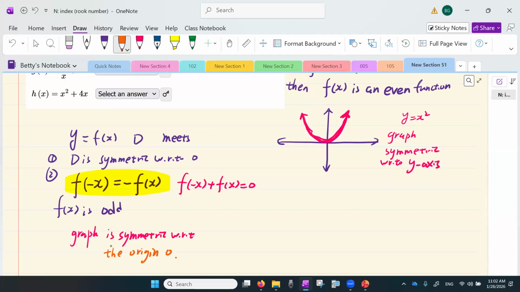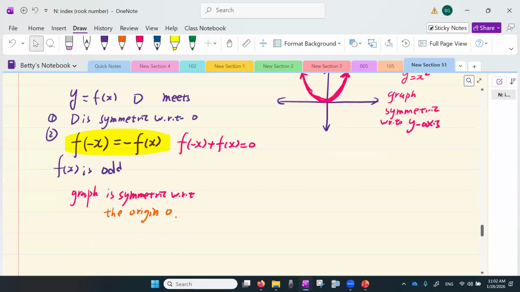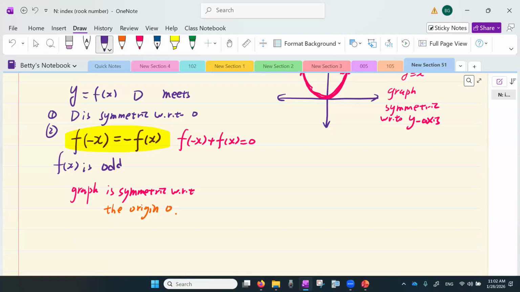I'll explain what respect to origin means, okay? A very simple odd function is y equals x cubed, the cubic function. I'm gonna mention those very important basic functions a lot. You're gonna be very familiar with the graph of those functions. So what's the graph of the cubic function? It looks like this.